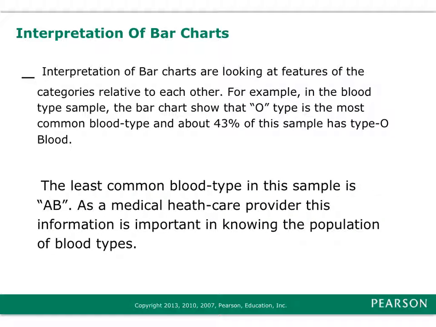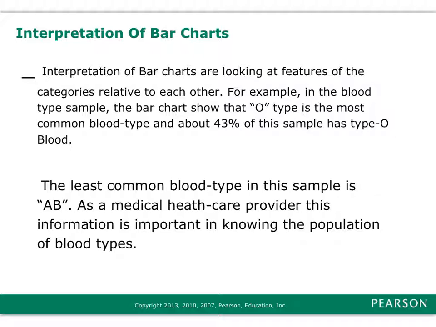So why do we want to create bar charts or graphs? One is that we want to interpret the features of the graph to give us some information about our population or about our sample.